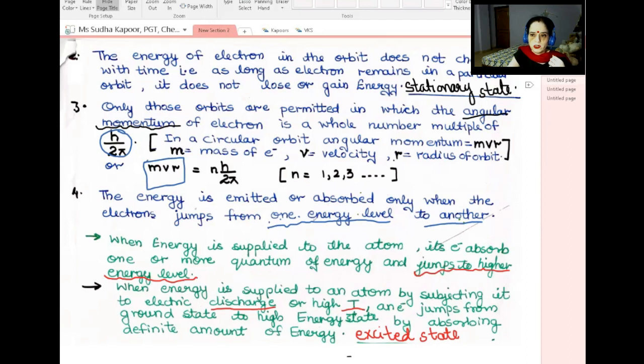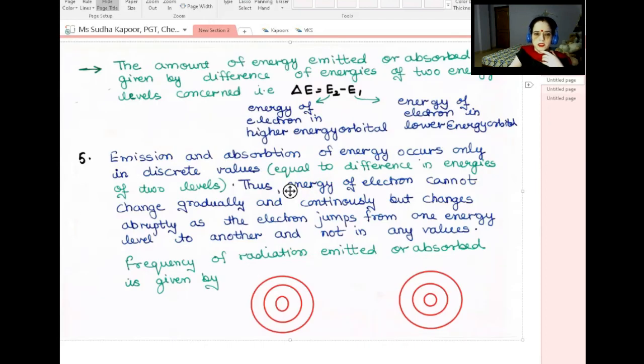Now, moving to the next point, the amount of energy emitted or absorbed. If it is absorbing energy, it is going from the lower energy level to the higher energy level. If it is emitting energy in the form of radiation, it will come from the higher energy level to the lower energy level. In either case, the difference in energy is represented by delta E. Delta represents the change in energy, and the change in energy is E2 minus E1.